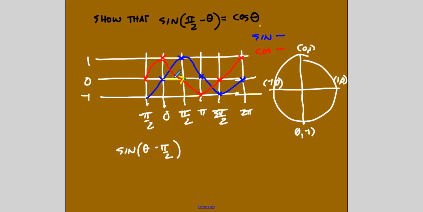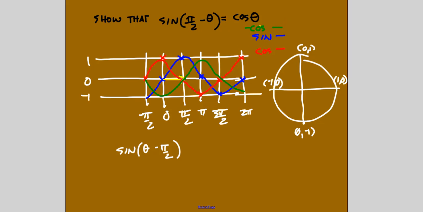Right now I don't see anything that matches that. However, notice that if I take the cosine, which is red, and I flip it upside down, I get this. So negative cosine theta is going to be green.